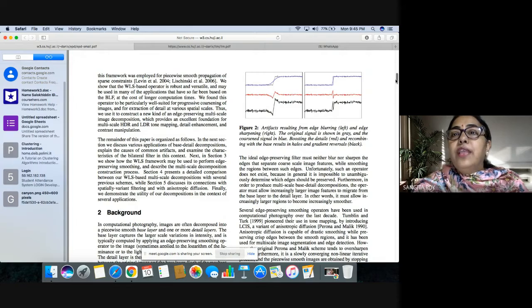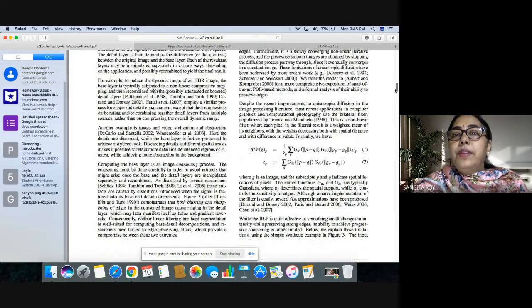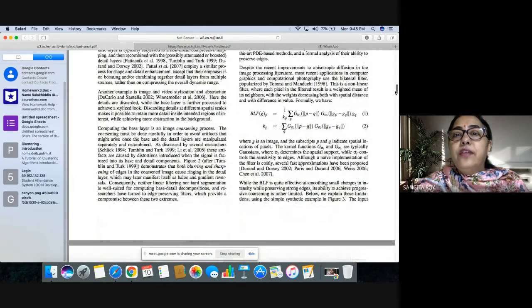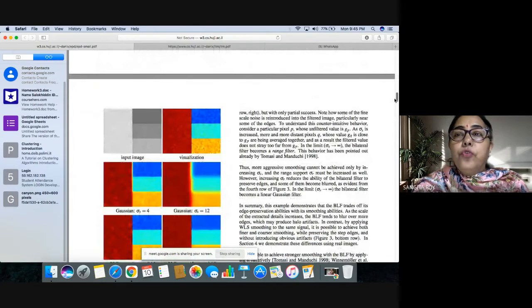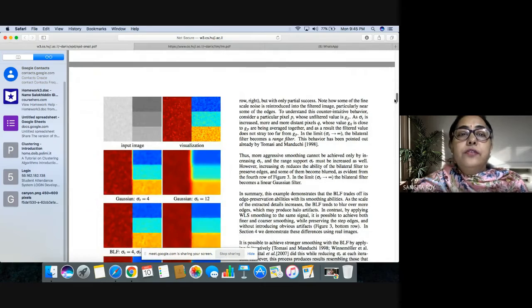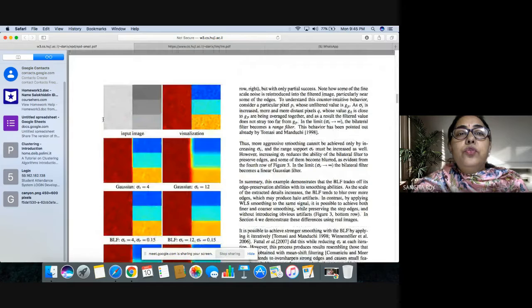So we don't want the halo effect, we want to remove this. This can be done using the bilateral filter, but there are a lot of artifacts resulting from those different important state of the art filters. It is shown in the image over there. So this is the input image, and this is its visualization by coloring.